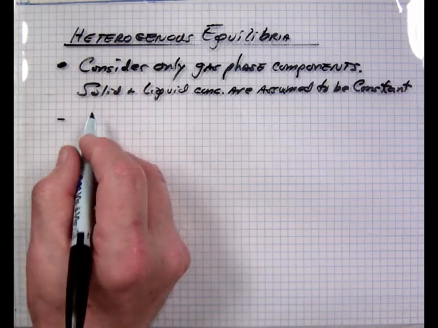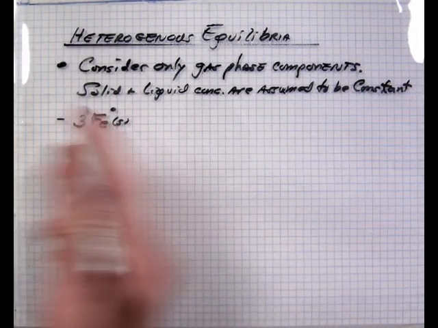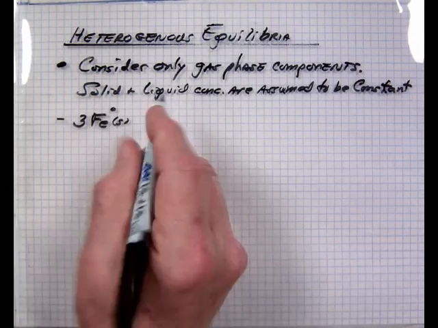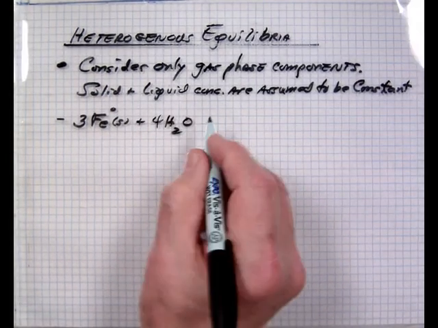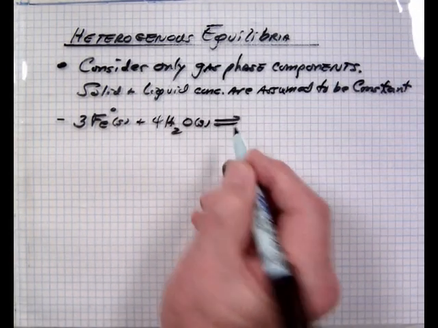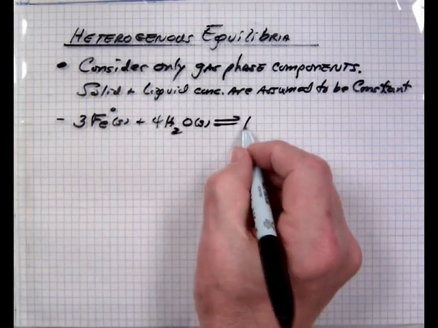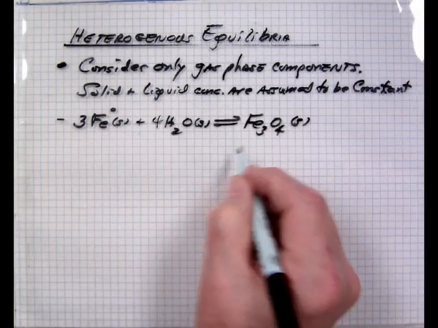One is iron, 3 moles of iron in standard state plus 4 moles of water goes to Fe3O4. Anybody know what that is?